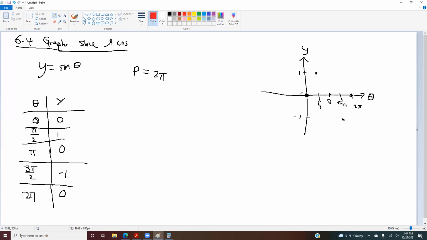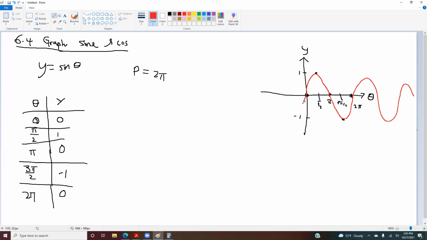And if you draw the graph, it will be a hill and then a valley. So this is the sine graph. And yes, this will be the same throughout the whole graph, so it will look the same as here. You keep on going.